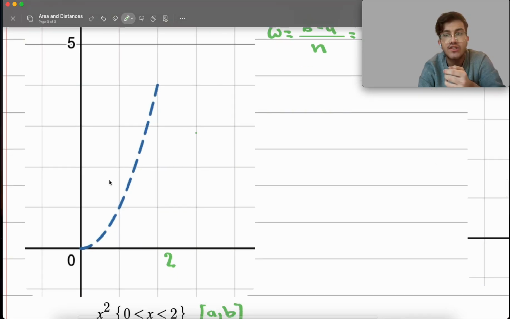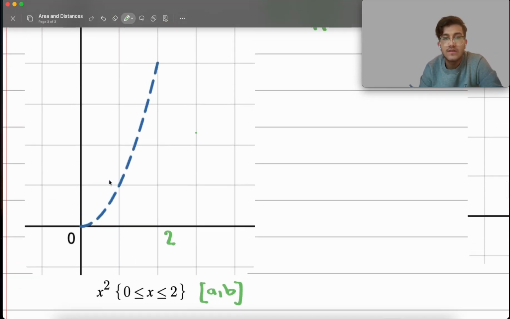So what should I do right here? I'm going to divide the domain into half units. So this is 1/2, this is 1, this is 3 over 2, and this is 2, right? So let's draw the rectangles together. I'm going here, continuing up.